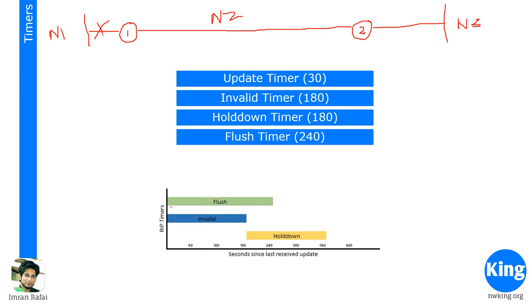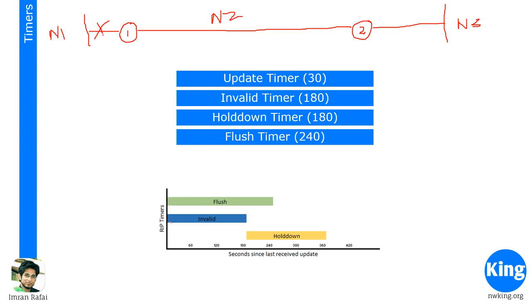So an invalid timer starts, for 180 seconds. In that period, if it gets an update about network 1 from router 1 or router 3, anybody, another router from somewhere else, it resets that invalid timer and starts counting the update timer again, right?